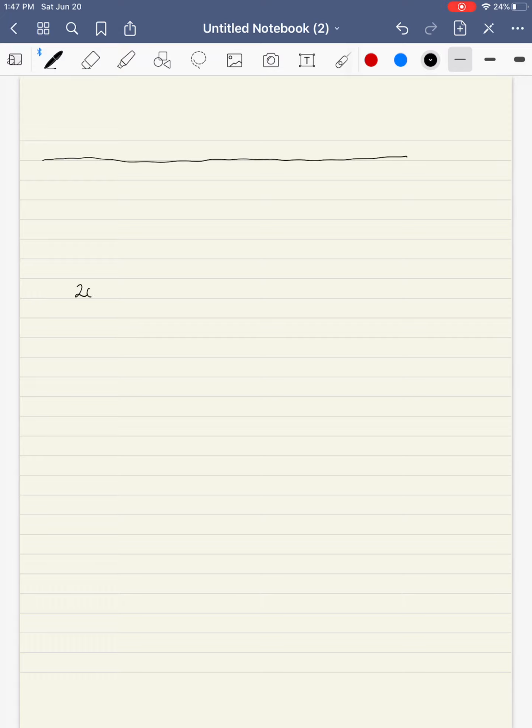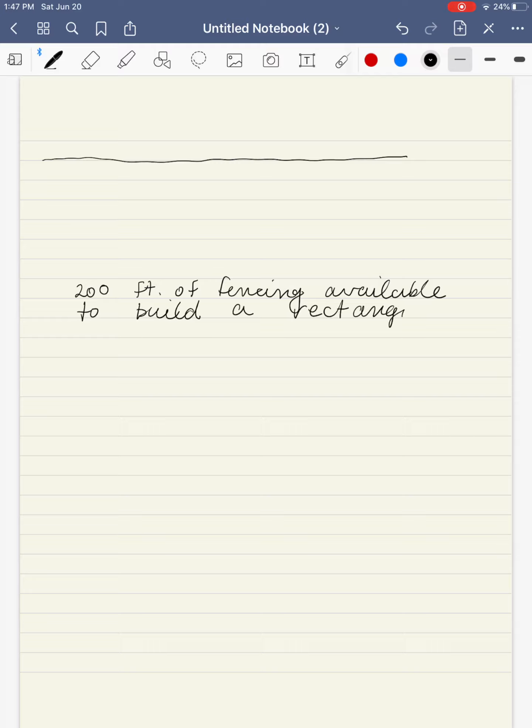Let's say that we have a wall, a long wall, and we have 200 feet of fencing available. And we want to build a rectangular storage area. And we're not going to worry about the gate or anything like that.